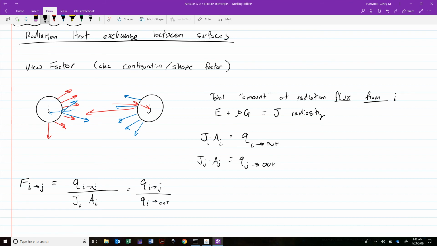Okay, it's the fraction of all of the outgoing radiation that ends up hitting object J. Right? So this is actually a pretty intuitive concept.